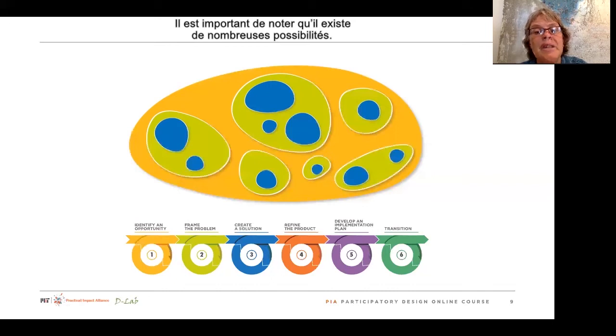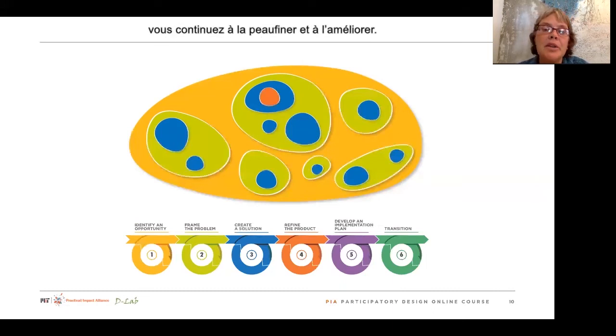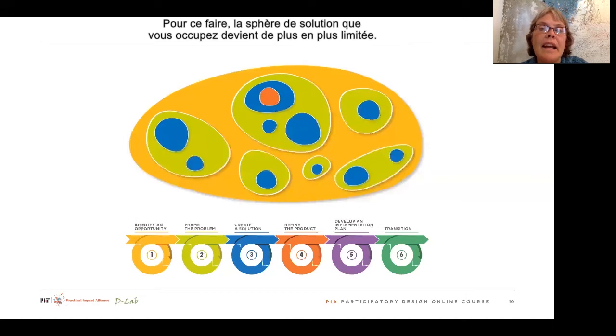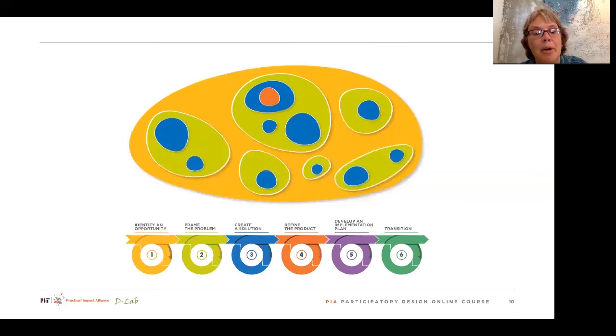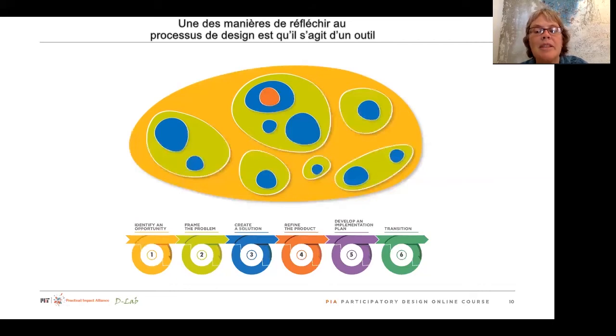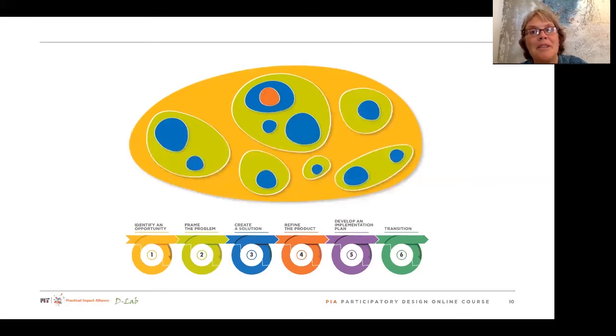It's key to note that there are many possibilities, and that's one of the important but sometimes challenging parts of the design process: there is no single right answer. As you move forward with the solution that you've selected, you continue to refine it and improve it. And as you do this, the solution space that you occupy gets narrower and narrower. So one way you can think about the design process is that it's a tool to create a specific solution in a large sea of options.